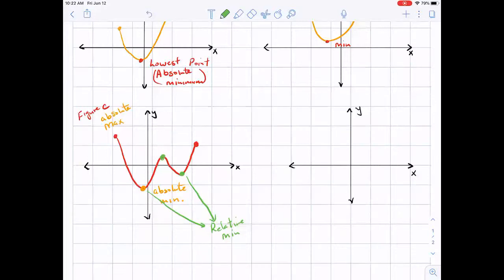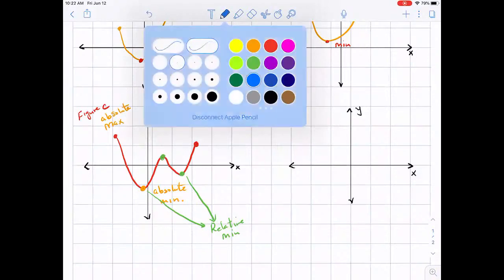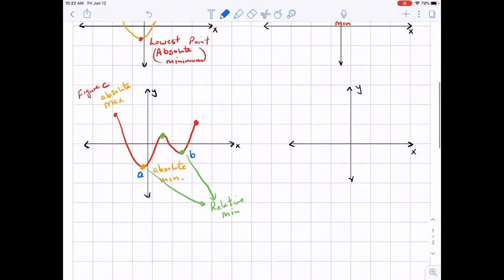Let's call this point A and this point B. Because A and B have surrounding points and they're the lowest points around those surrounding points, they're called relative min. That brings us to this point C. That C point is a high point relative to its surrounding points.